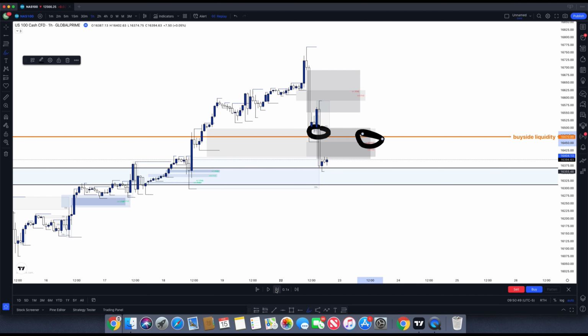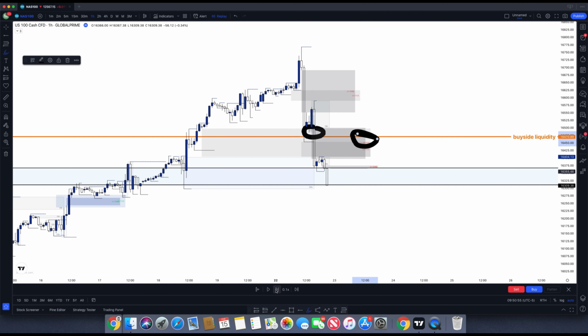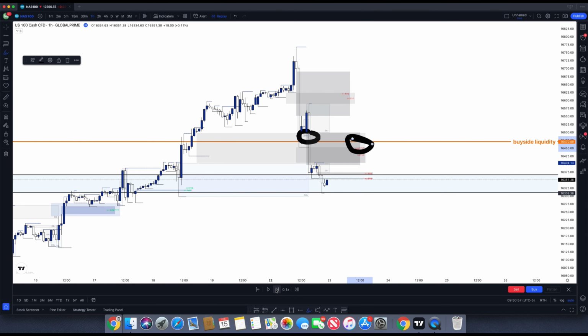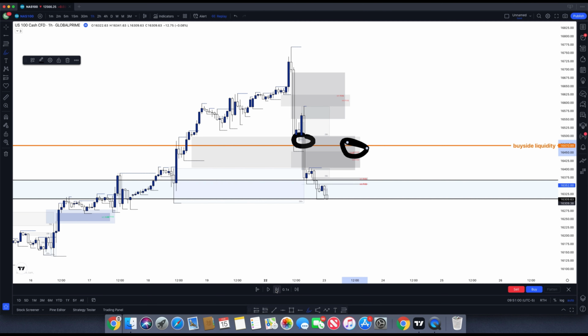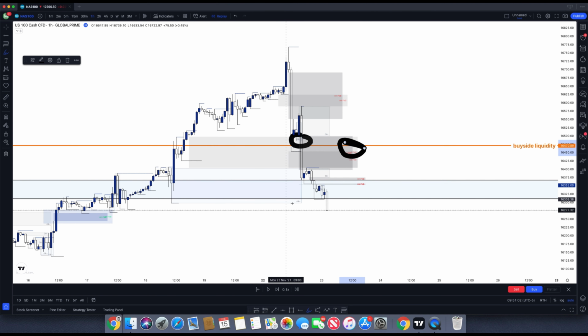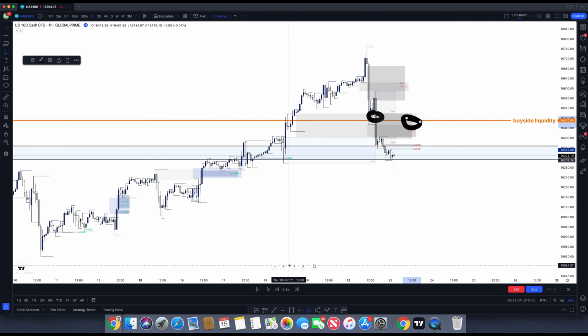So I am thinking the market's going to trade lower. So a bit of a 1 hour demand, but this is still a daily supply zone here.